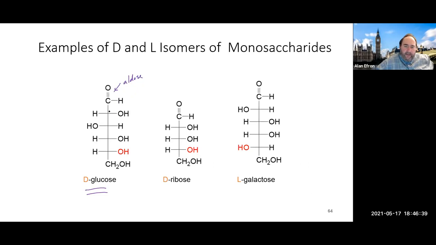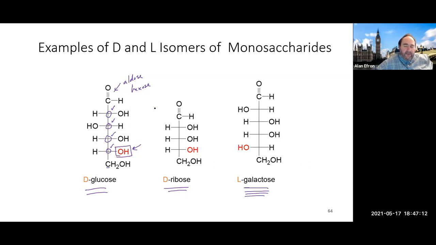It has 1 carbon, 2, 3, 4, 5, and 6 carbons. It is a hexose. And the OH group at our last chiral carbon is on the right-hand side, which is why it is D. This one has 4 chiral carbons. This is D-ribose, which you do need to know, and galactose as well.